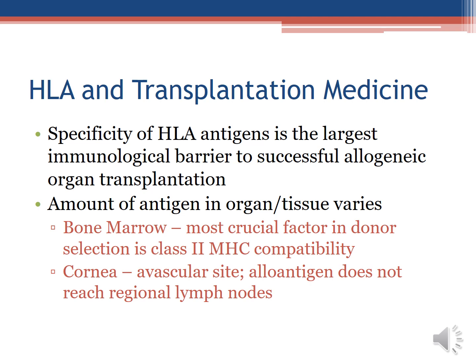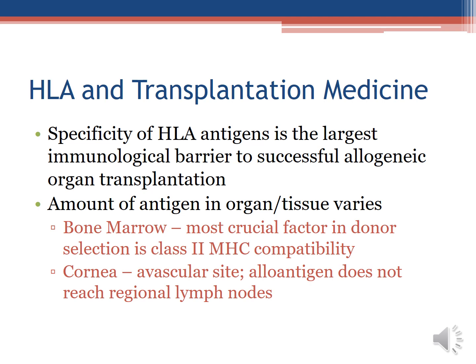So typically when we do bone marrow transplants, it's usually from a direct family member, a mom or dad, or a sibling. Now, some transplants don't require any HLA matching because usually they're in an avascular site, like a cornea.